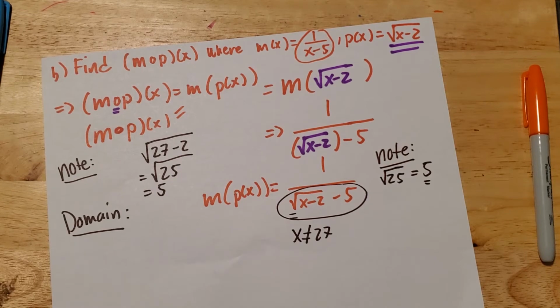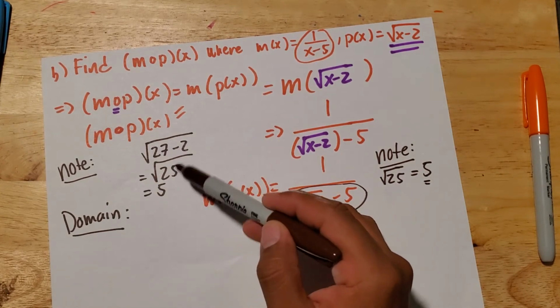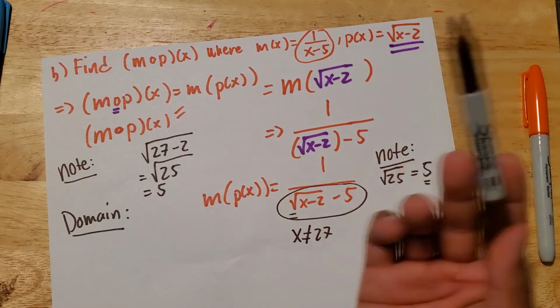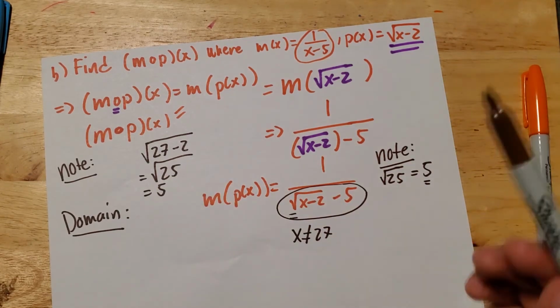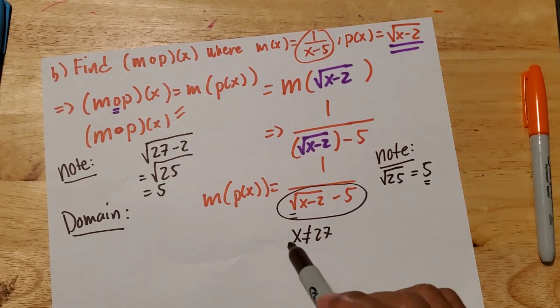But at the same time, the square root is still part of this function. And I know I don't want 27 because it makes the denominator 0. But it didn't make the square root undefined. I ended up getting 5 out of that square root, which is a perfectly real number. I still need to think about the square root, because with the square root you don't want to have negatives inside.